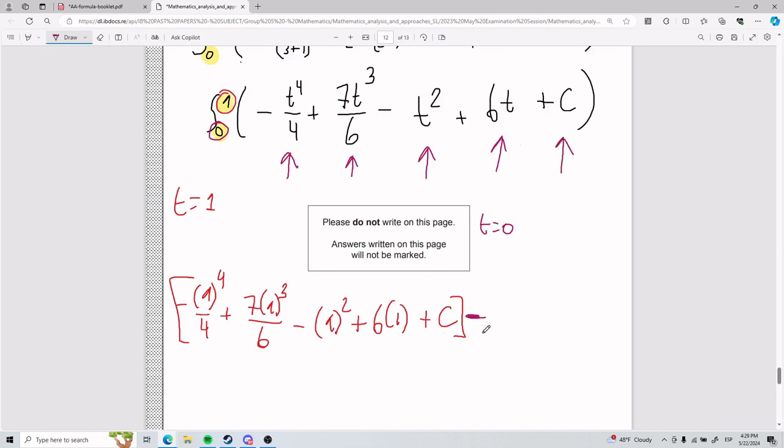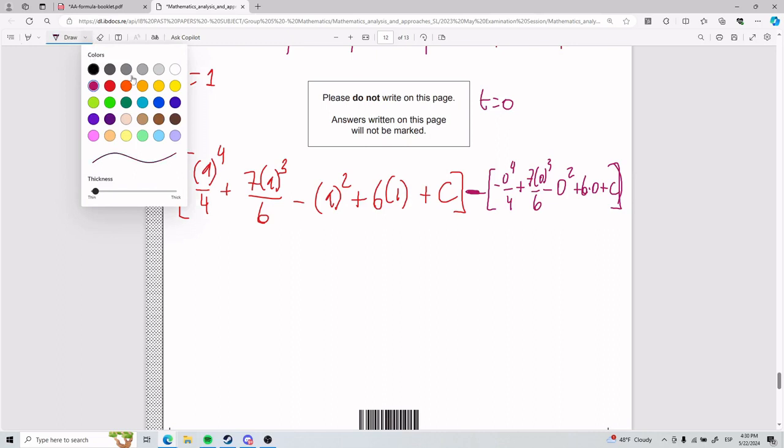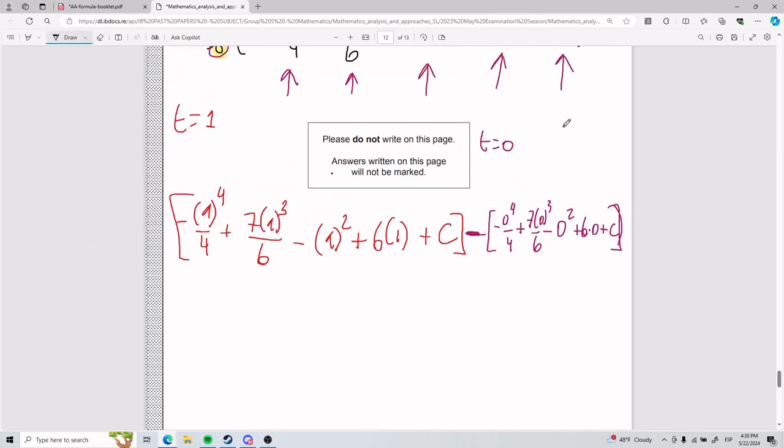And so this thing, I'm just going to write it out so that we're on the same page, but it's really just 0 to the power of 4 divided by 4 plus 7 times 0 cubed divided by 6 minus 0 squared plus 6 times 0 plus c. And so really, if we work this out a little bit more, all of these will turn into 0 except for c. But you have a minus c.